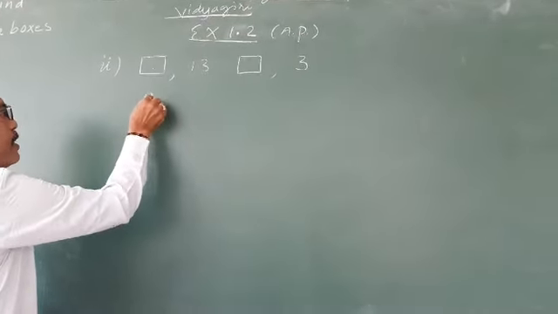By referring to a plus n minus 1 into d, the fourth term is given. A4 equals 3, the fourth term. A4 means a plus 4 minus 1, into d, that equals 3. So a plus 3d equals 3. This one is the second equation.